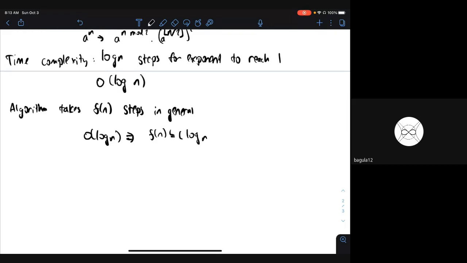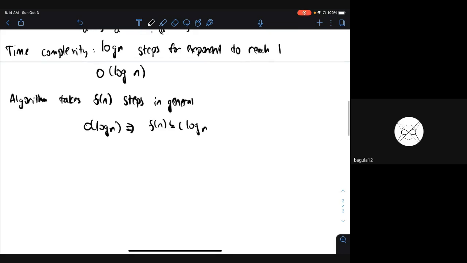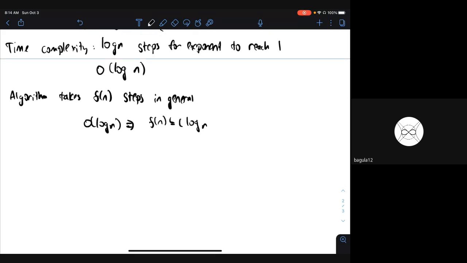So what this means is that the function's running time is bounded above by some multiple of log n, which means that the growth rate of the number of steps an algorithm takes is proportional to the logarithm of n. Does that make sense? Yeah. Okay.